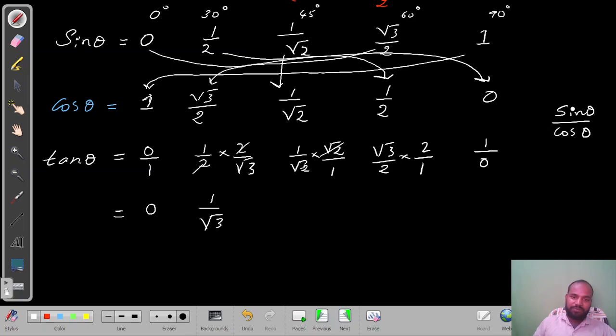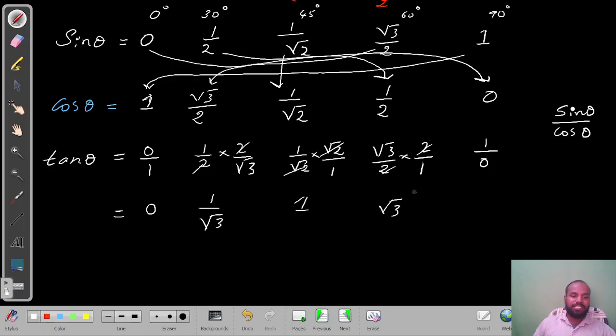Tan 45 is 1. Next, tan 60: the 2 cancels, so tan 60 is root 3. And tan 90 is 1 by 0.